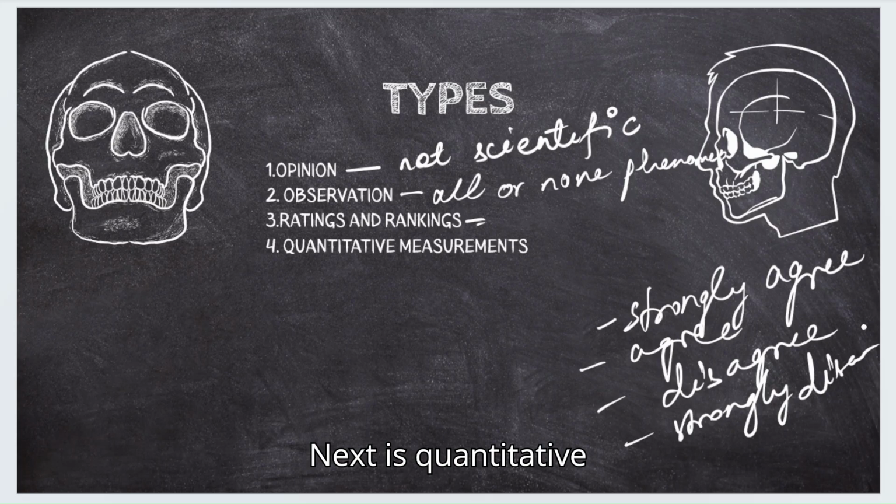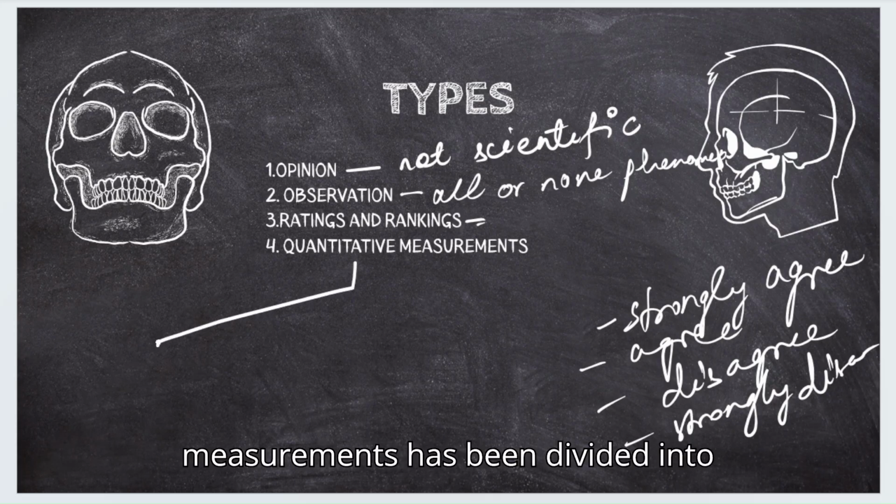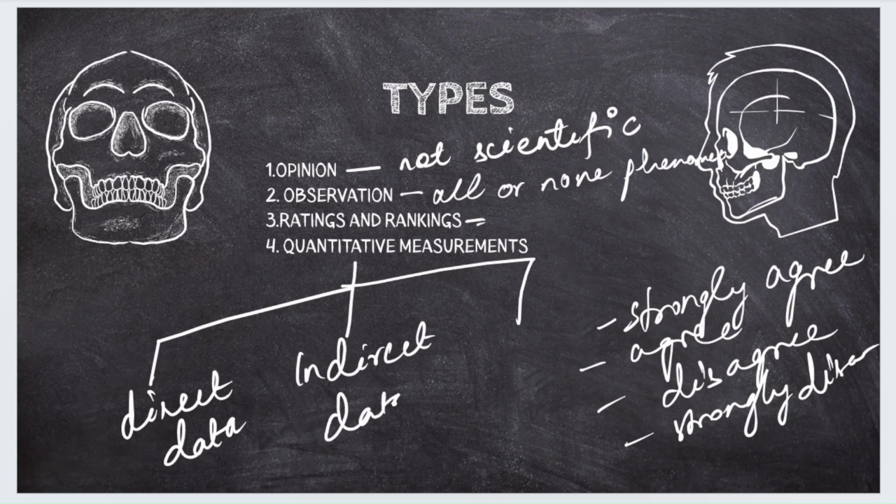Next is quantitative measurements. Quantitative measurements have been divided into direct data, indirect data, and derived data.